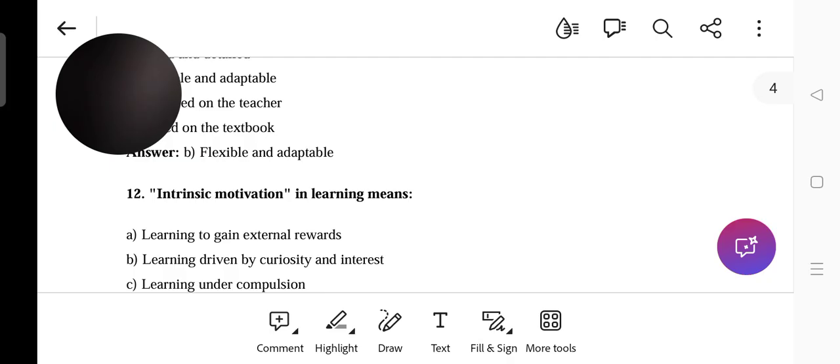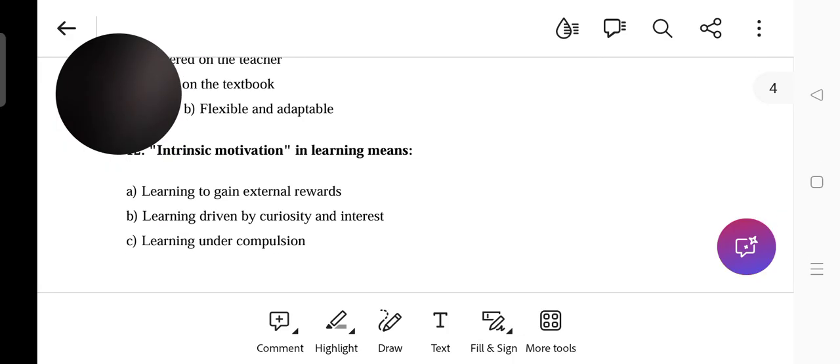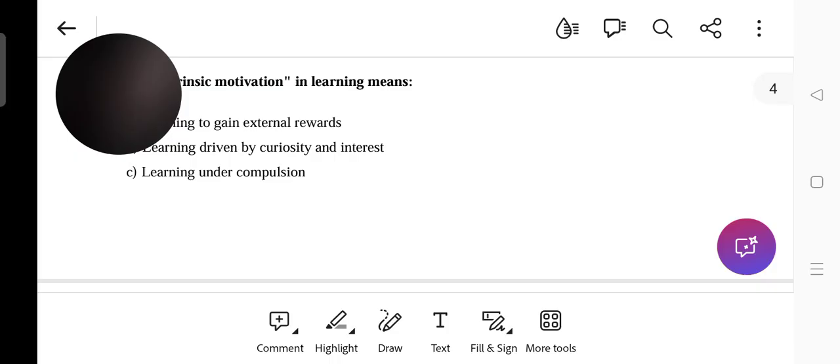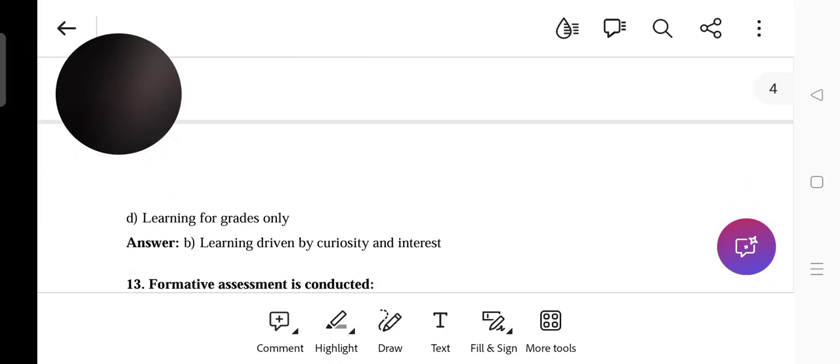Okay, the next question. Intrinsic motivation means option A, learning to gain external rewards, option B, learning driven by curiosity and interest, option C, learning under compulsion, and option D, learning for grades only.